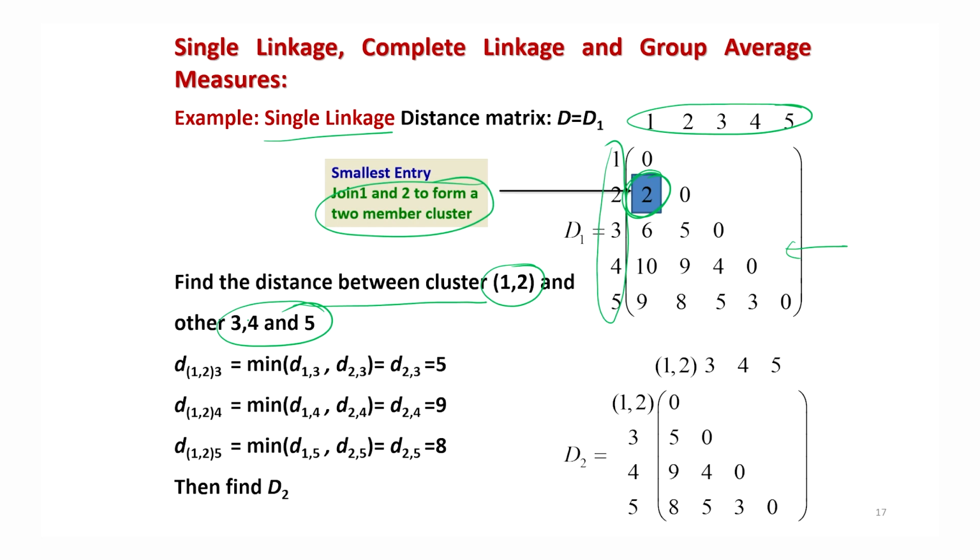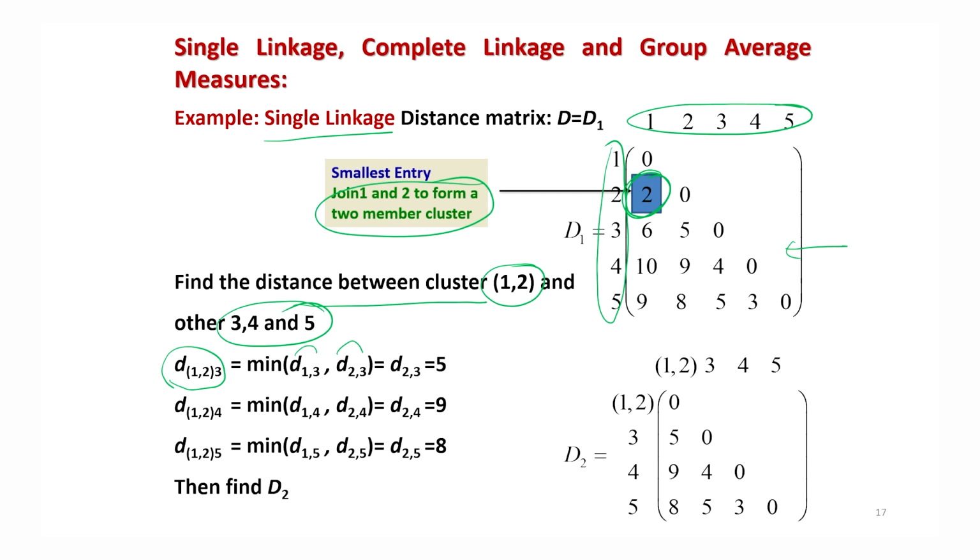You can see here that we find this distance and create a new matrix. So the distance between this new cluster, containing observations 1 and 2, and observation 3 is going to be the minimum value between the distance between 1 and 3 and the distance between 2 and 3.